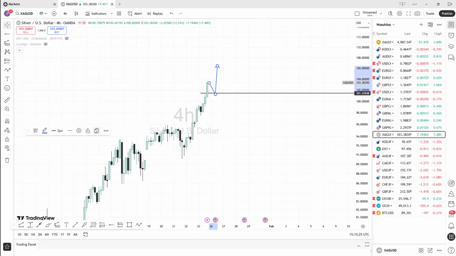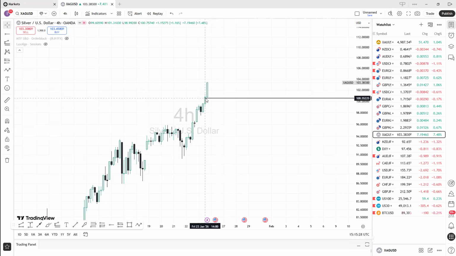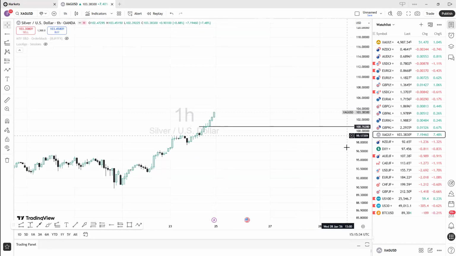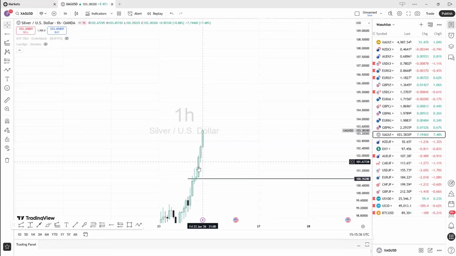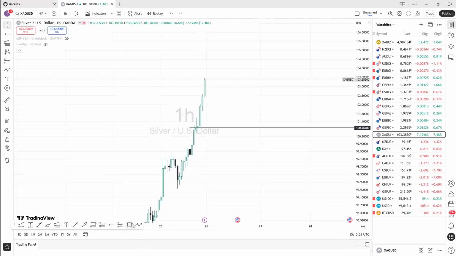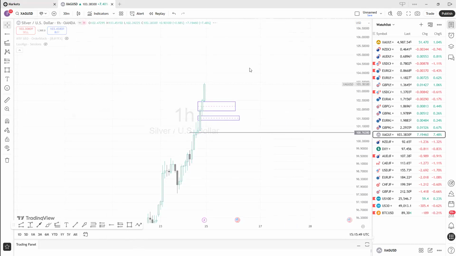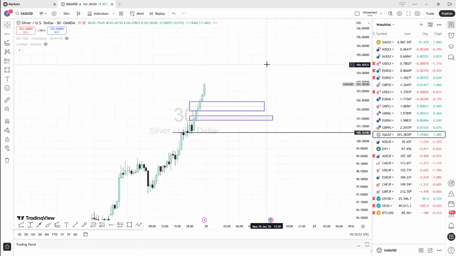So your duty is to mark the range. When you mark this 4 hour range, you're supposed to wait for a retracement to the discount zone of that 4 hour range. On the discount zone, you have a point of interest, this imbalance. On 30 minutes, there is nothing.